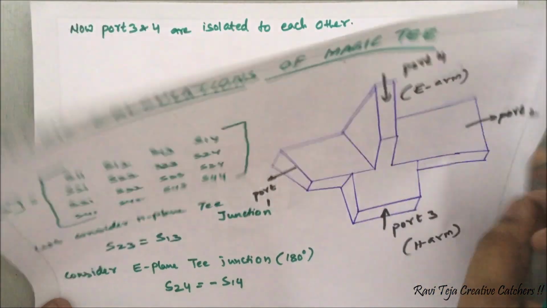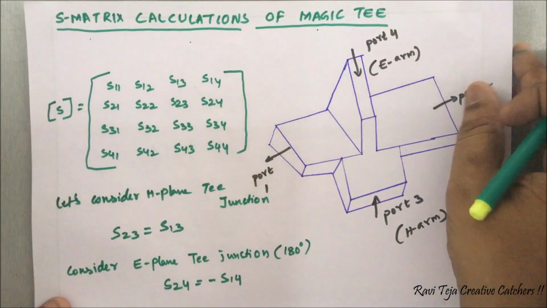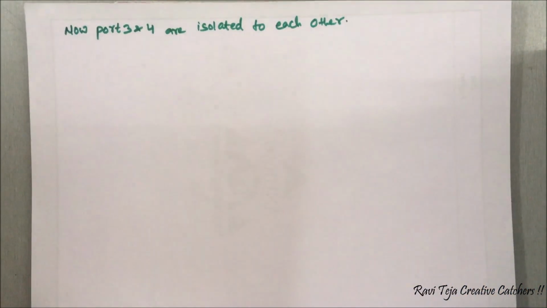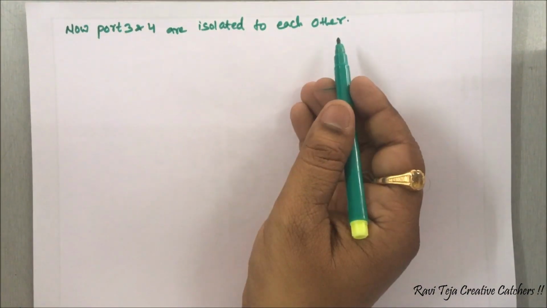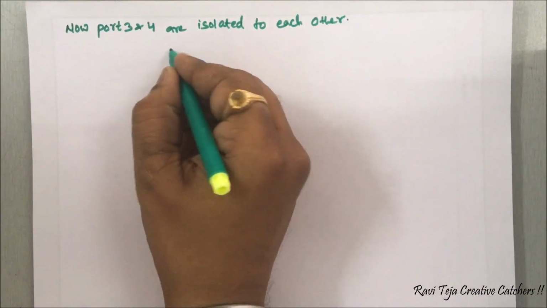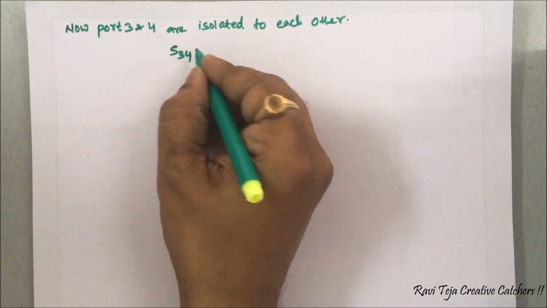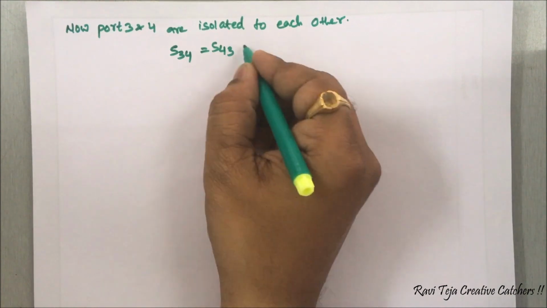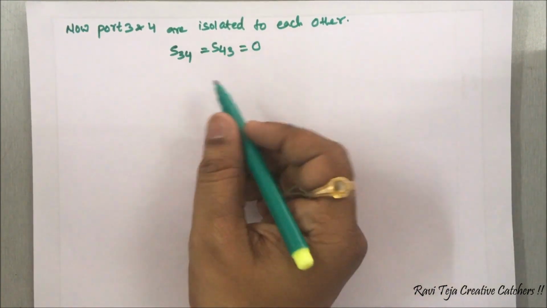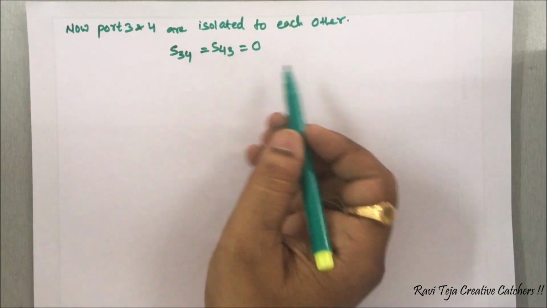So that's why we are calling port 3 and port 4 isolated. Now as port 3 and port 4 are isolated to each other, we can say that S34 is equal to S43 is equal to 0, where 3 and 4 are nothing but ports.